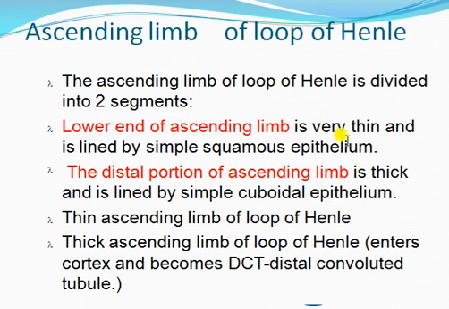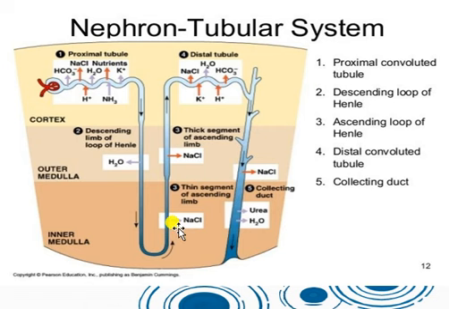The major difference in the ascending loop of Henle is that the lower end is very thin with a simple squamous epithelium, and the distal portion is thick and lined with simple cuboidal. Here it is simple squamous, then after this a thick simple cuboidal region. That is the difference.